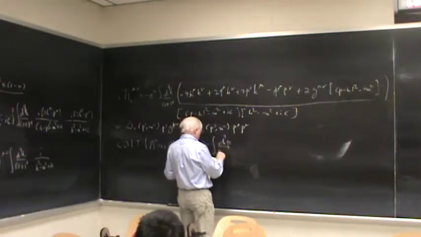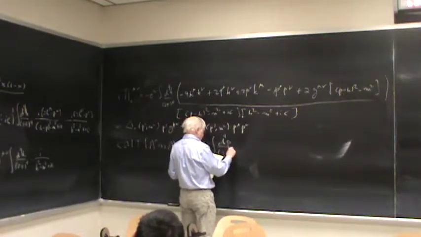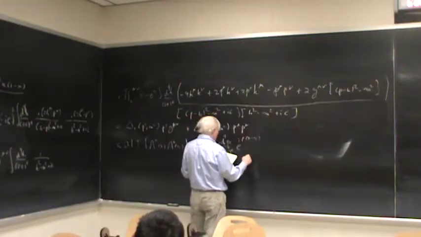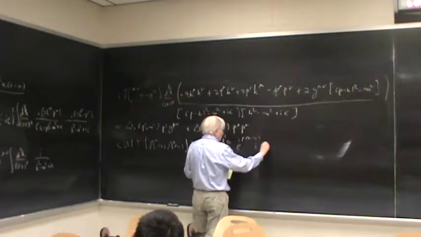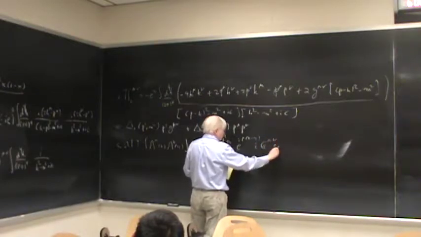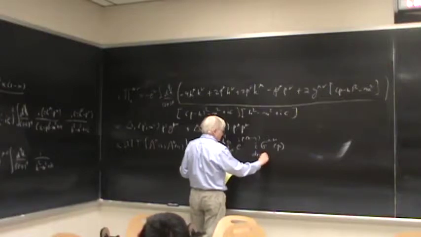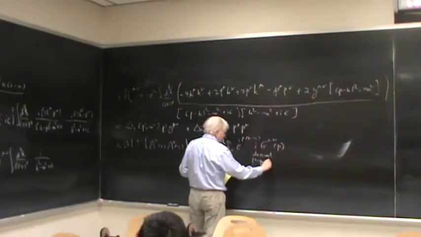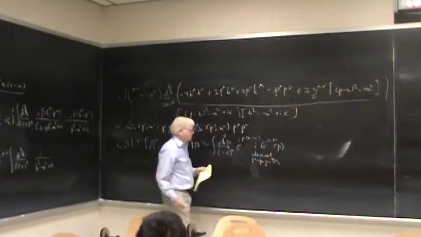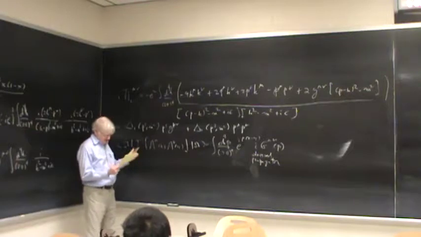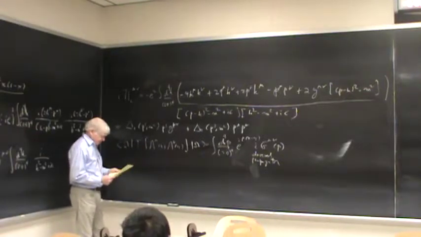It's the integral d4p over 2 pi to the fourth, e to the i p (x minus y), i G mu nu of p. And this thing is called the dressed propagator. And dressed, I guess, means that we're talking about the real field and the real vacuum here.